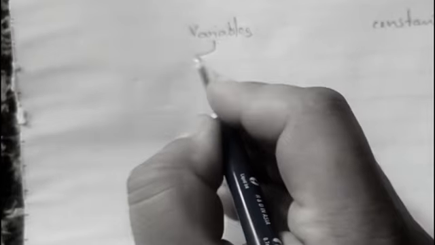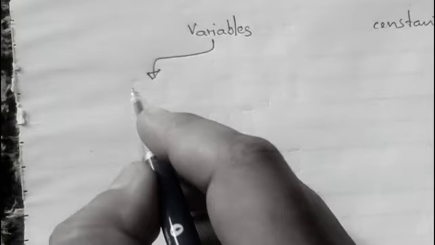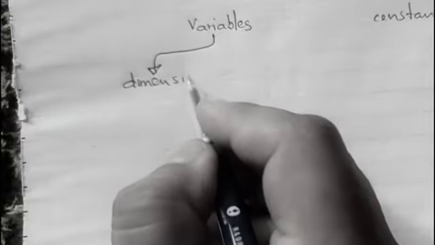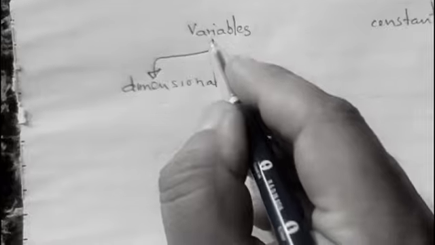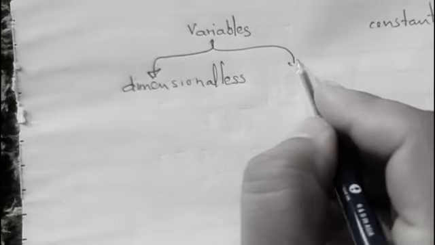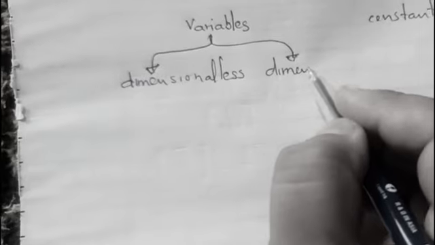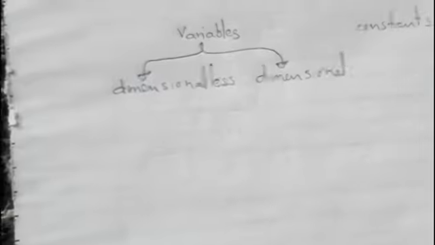According to dimensional analysis, variables are of two types. Some variables are dimensionless and others are dimensional variables.